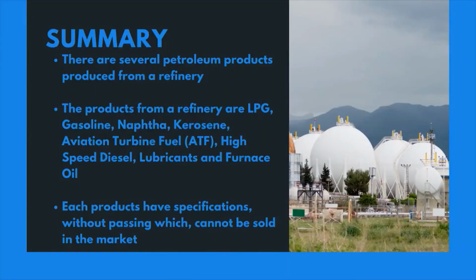So the basic products that come from a refinery are LPG, gasoline, naphtha, kerosene, aviation turbine fuel, high speed diesel, lubricants, furnace oil and asphalt. These are all the key products that come from a refinery, and of course this is for any simple refinery.